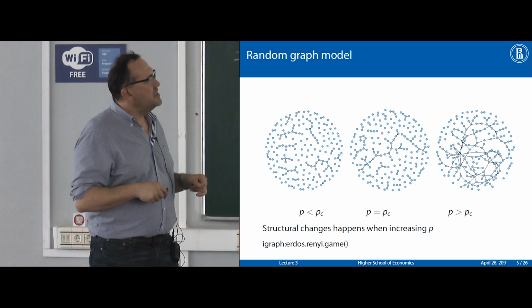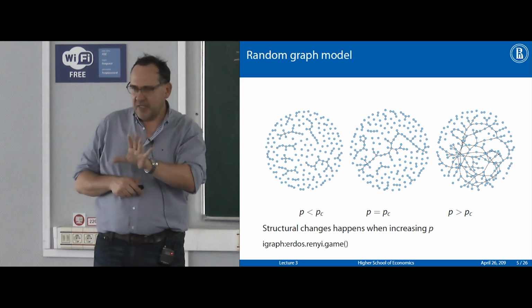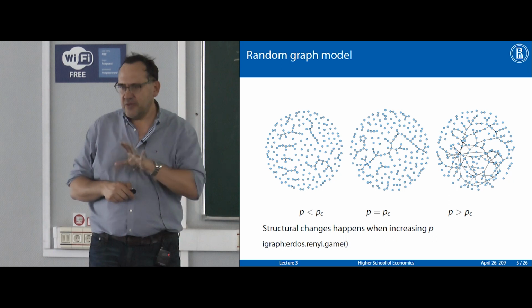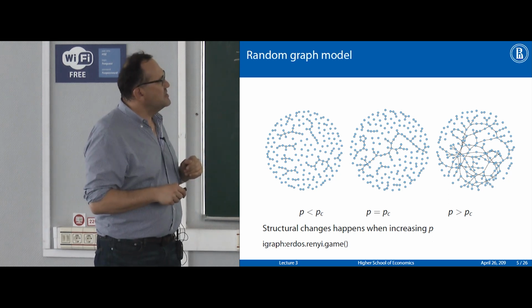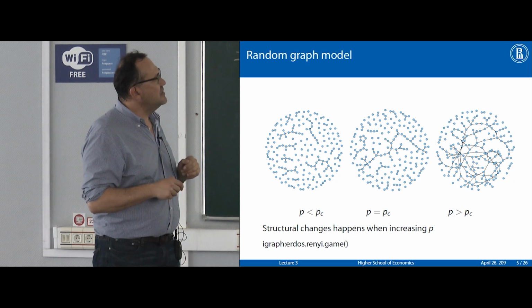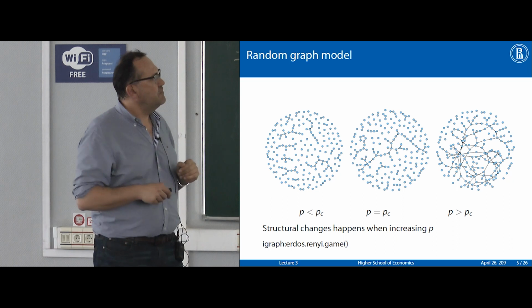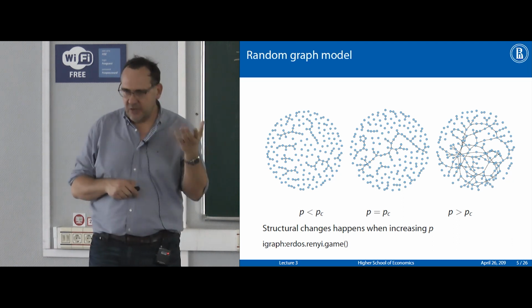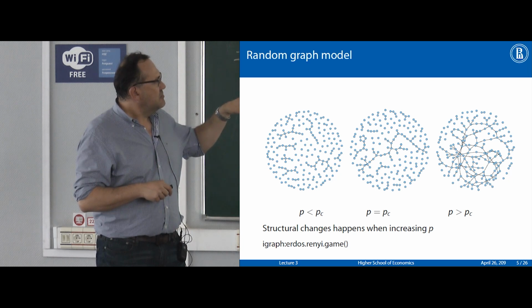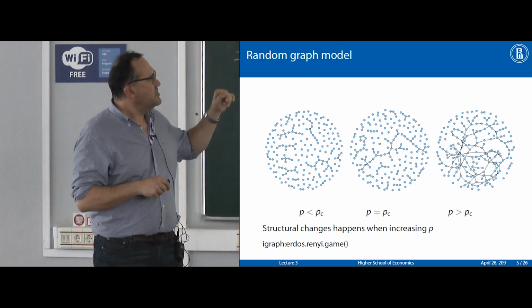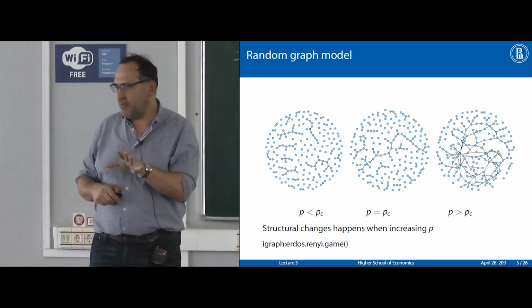If the probability is less than a certain critical number, and we will learn what that critical number is, what you will have is those small islands of connected nodes, right? So it's like I mentioned, you come to the party and you meet some people. There'll be some pairs formed, but overall there will be no connections across the entire party.